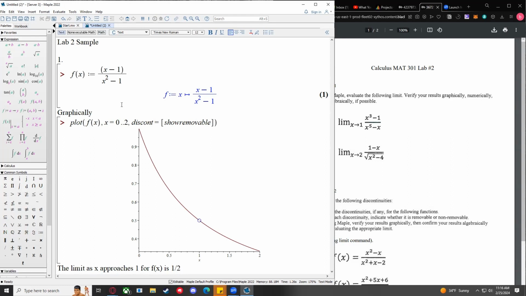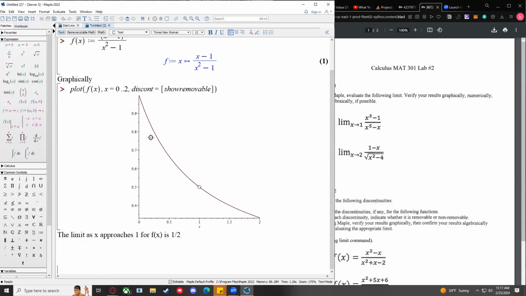Anybody have any questions for this graphical approach? Awesome. Moving to the numerical approach.